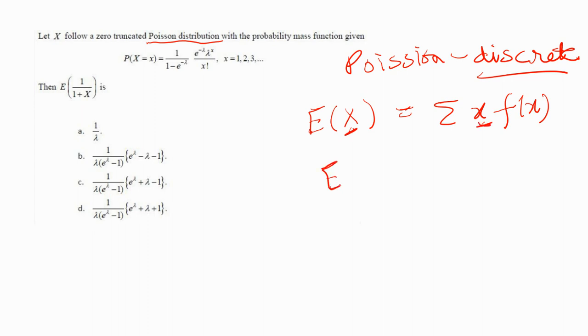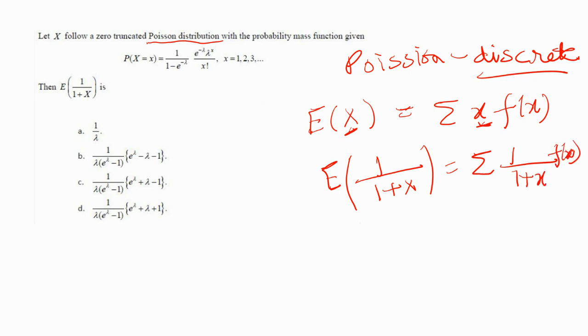So if we have the expectation of 1 upon 1 plus x, then it will be the summation of 1 upon 1 plus x times f(x). Here P(X = x) is given, and x goes from 0 to infinity.